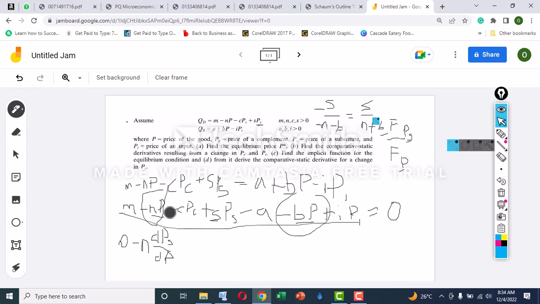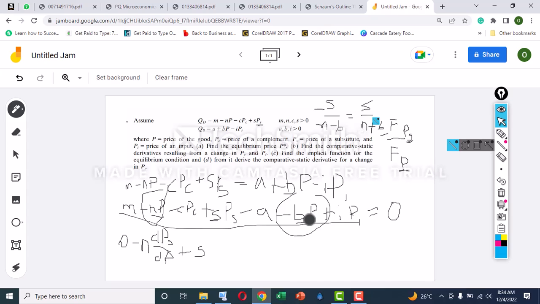So minus cpc, all this will be seen as constant because it is not ps, neither is it p, so it is 0 and gone. Plus s ps, now this is ps. You differentiate this with respect to ps, but you will not put the dps over dp because that's actually our main focus. So that will now be plus s, just plus s. Minus a is constant, it is 0. Minus bp, now p is not our main focus, but it's also what we are interested in because it's here.